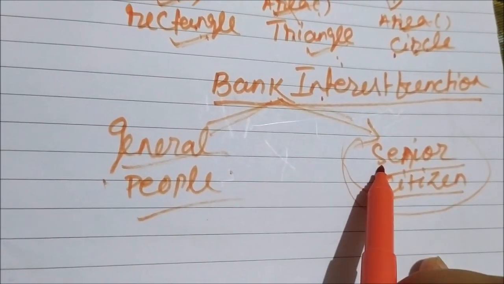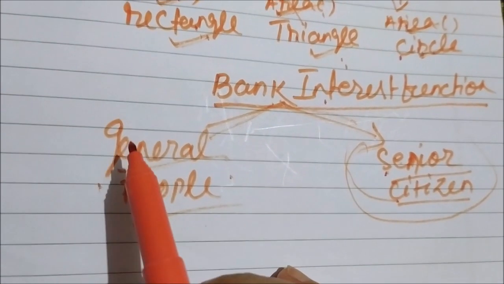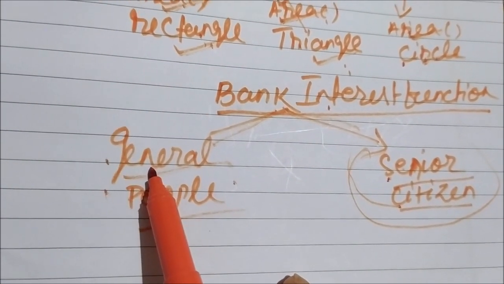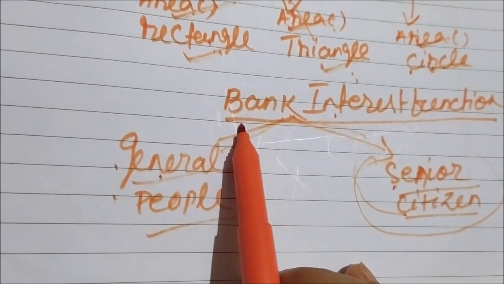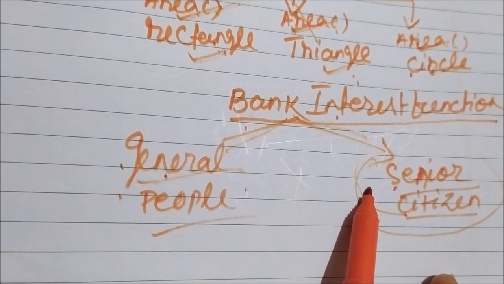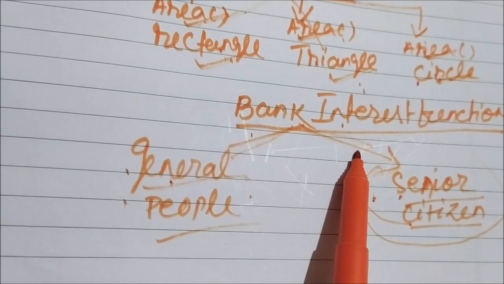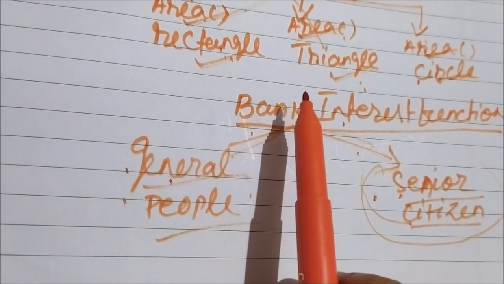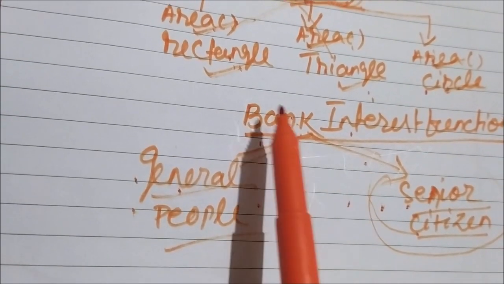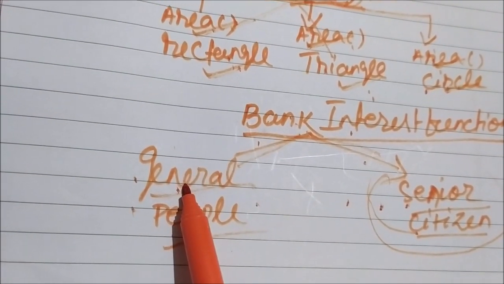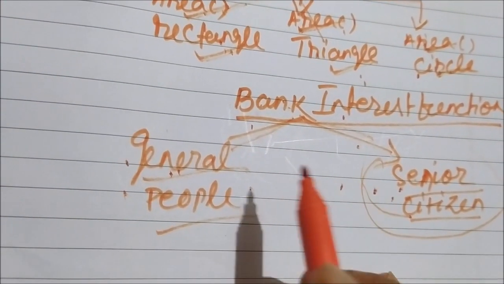If an ordinary person calls the bank interest function, they get one value, and if a senior citizen calls the bank interest function, they get a different value. This is the polymorphic behavior of the bank interest function. It behaves in one way for general people and in a different way for senior citizens.